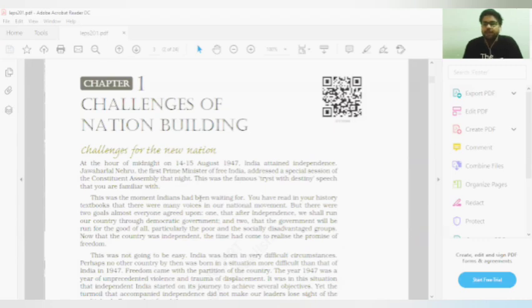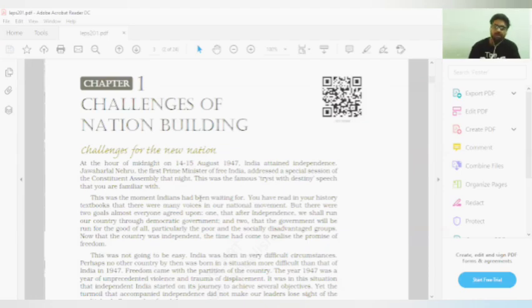He was the flag bearer of the two nation theory. Or else, if you cannot give them these rules, just give them a new nation.